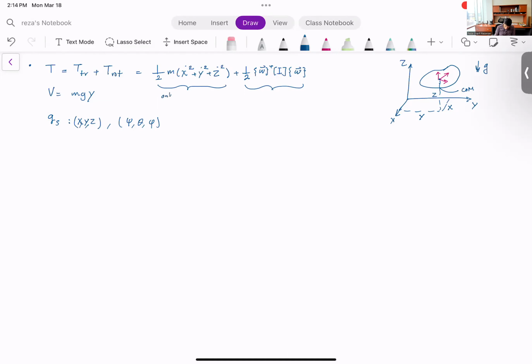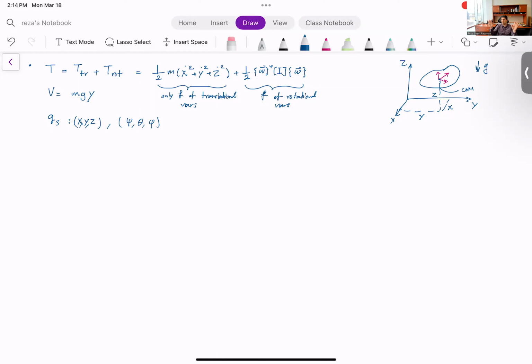So when I take the derivative of T with respect to my q dots, essentially I separate the equations. All the translational equations only involve translational variables, and all the rotational equations only involve rotational variables.